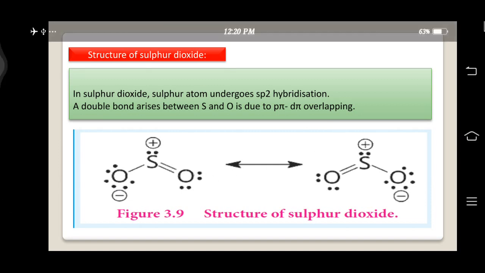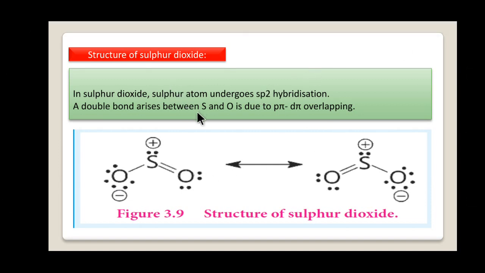In sulfur dioxide, the sulfur atom undergoes sp2 hybridization. A double bond arises between sulfur and oxygen due to p pi and d pi overlapping.